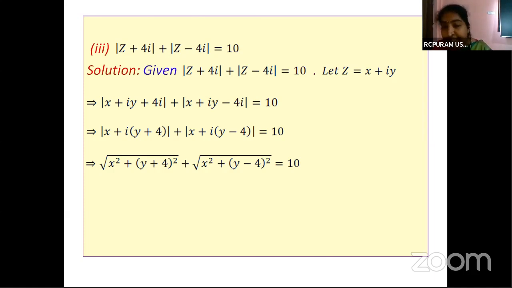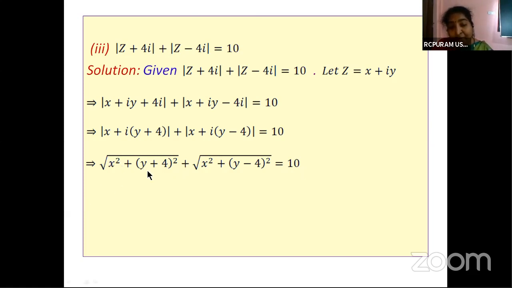Why am I doing it? I am trying to get rid of this root on either side. If you have one single root term on one side, then squaring on both sides will cancel the root. But here we have two terms, children.